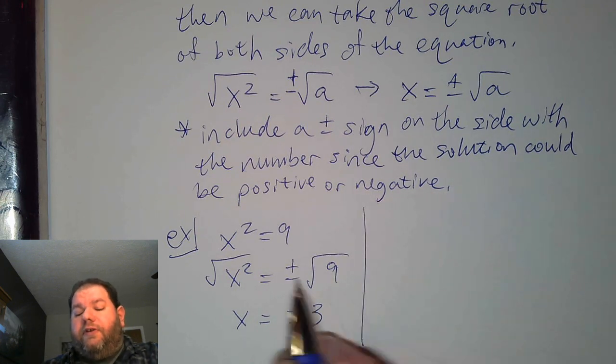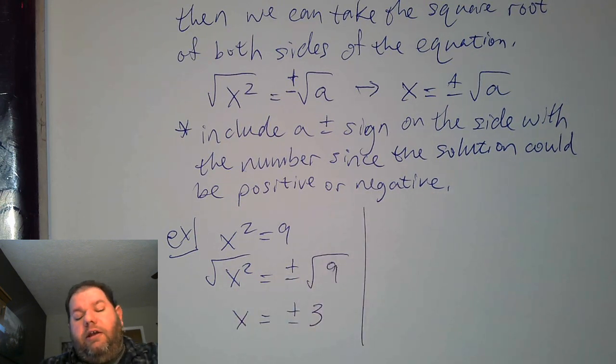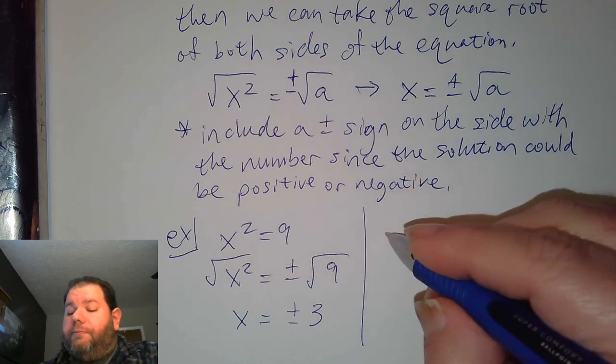Now the approach doesn't have to be as straightforward as that. That one's actually pretty simple. It could be that we have a little bit more complicated expression, and we can still apply the square root method.